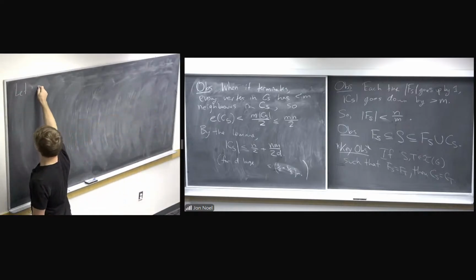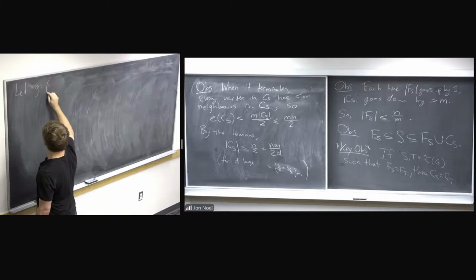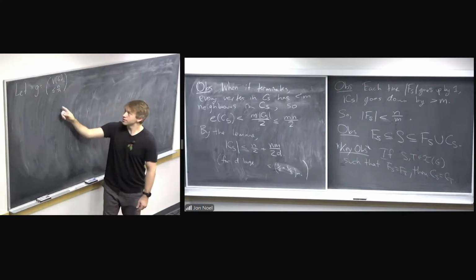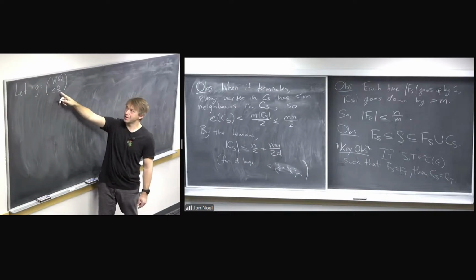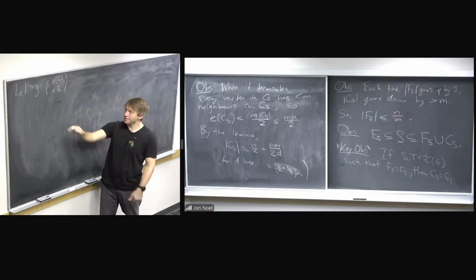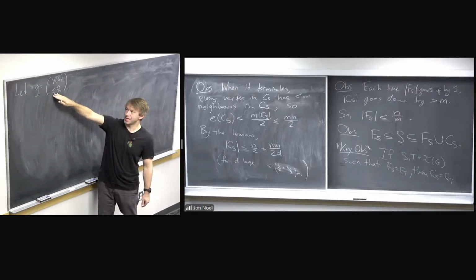So first, just to formalize this, let's define a function from, so when I write this less than or equal to, I mean, this is like we're doing a set choose k or something, but I'm just saying sets of size at most n over m.